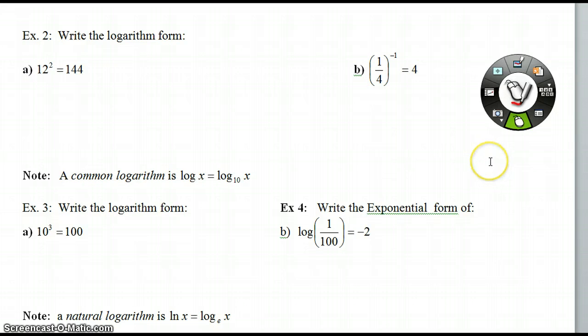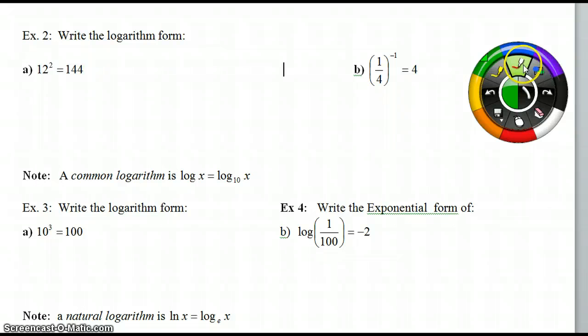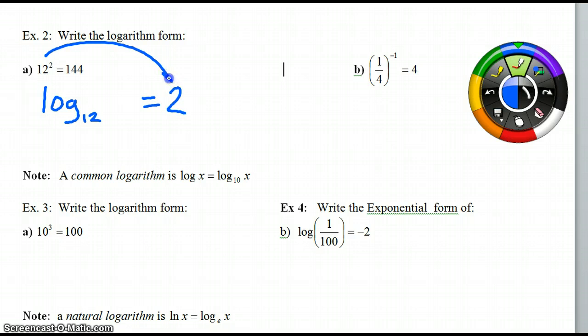So let's try example 2, how we write our first logarithm. I'd say 12 squared equals 144. That's correct. So we write log. My base is 12, so you just kind of come down a little bit and write your 12. Remember, on the other side of the equal sign is your exponent. So your exponent goes on the other side of the equal sign. Your base is the base of your exponent, and then what's left is what goes into the argument.